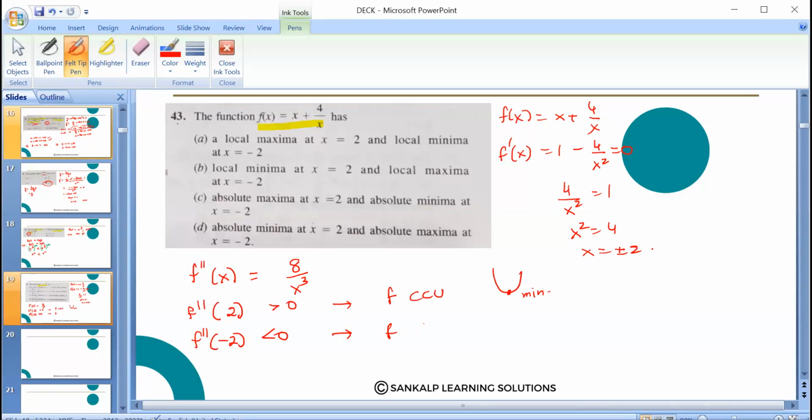Negative answer means the function is concave down, and then there will be a maximum. So minimum is at x equal to 2, maximum is at x equal to minus 2. So which option? Option B. Holds good.